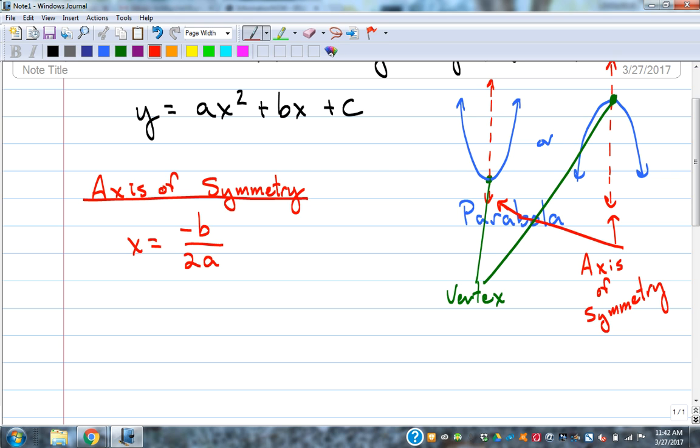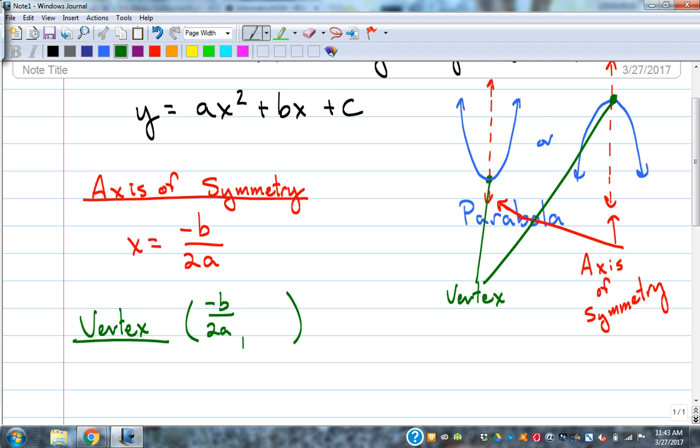We're going to do several examples here where we find that axis of symmetry and the vertex. Now, that finds the axis of symmetry. The vertex, we need an ordered pair. Okay, the vertex is this ordered pair. The x value of the vertex is the same thing as that. It's that number, negative b divided by 2a.